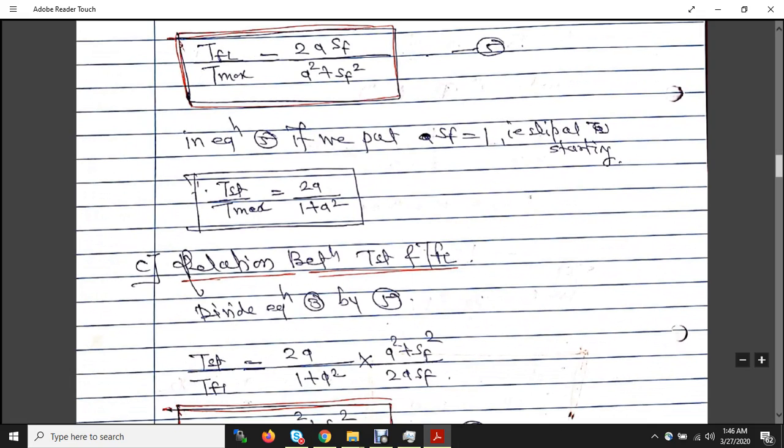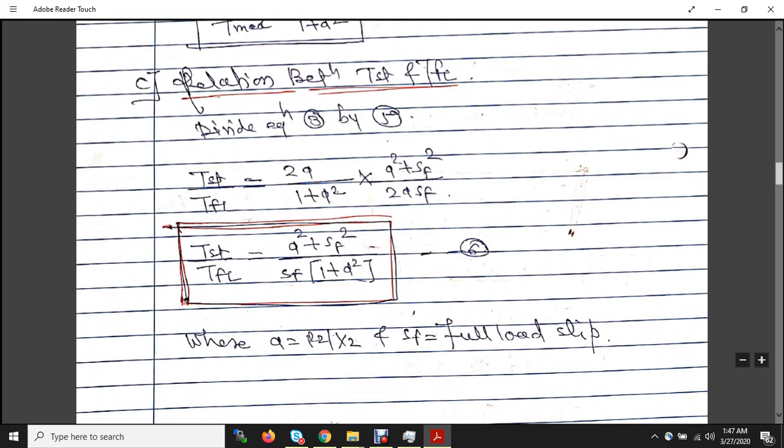Now let us obtain the relation between TST upon TFL. Already we have obtained TST upon Tmax. So divide this equation, twice A upon 1 plus A square, multiplied by A square plus SF square upon twice A SF.